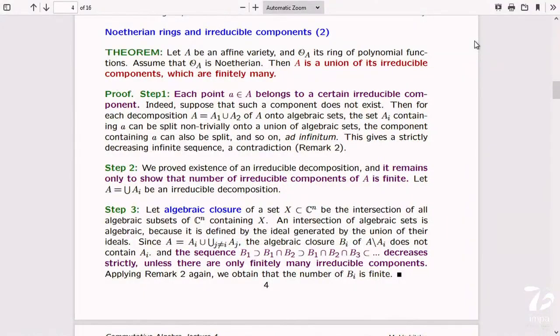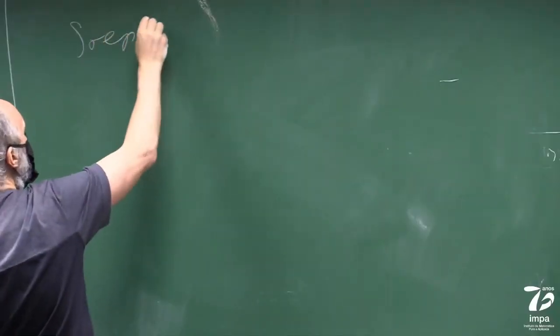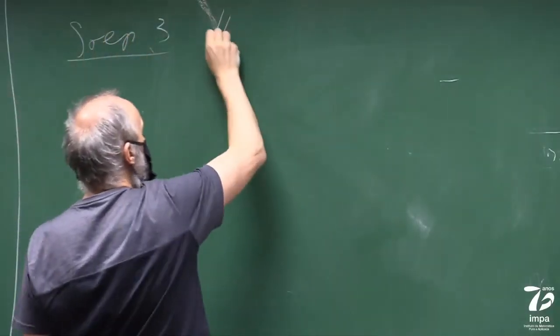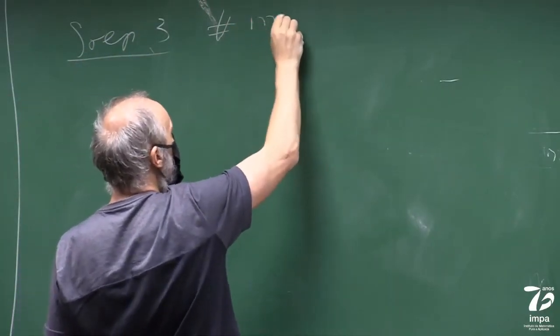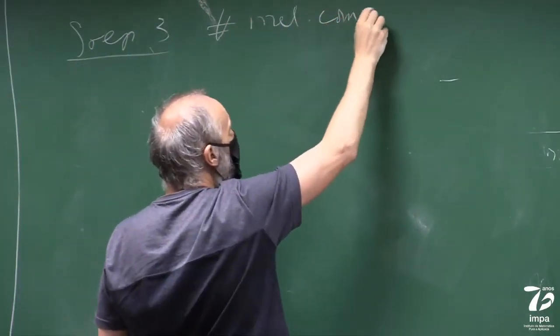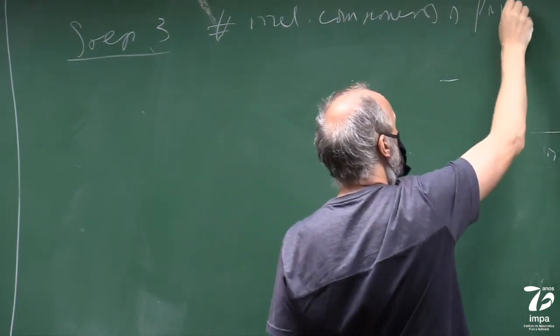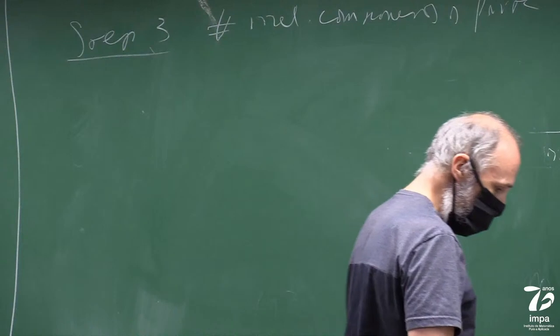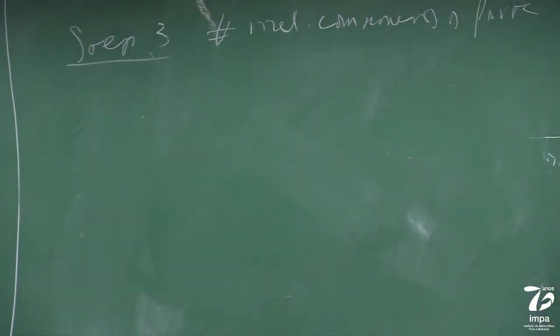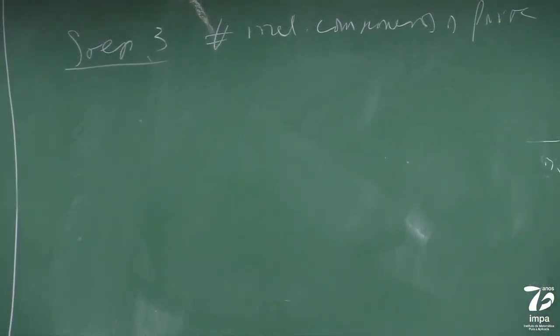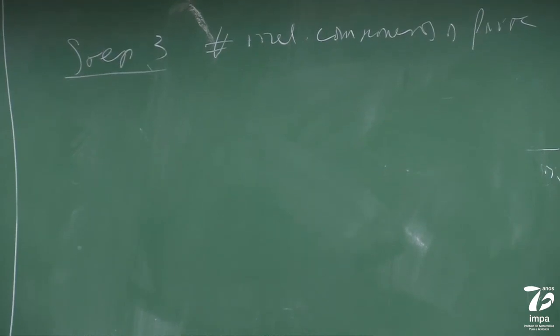And step 3: the number of irreducible components is finite. Suppose it is not finite. Could each point itself be an irreducible component?